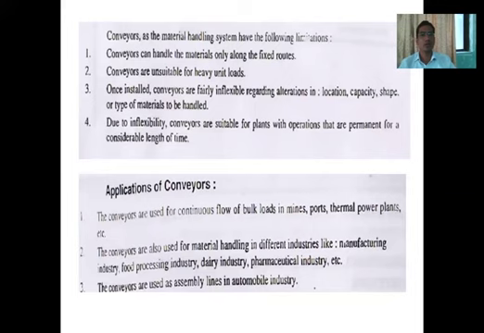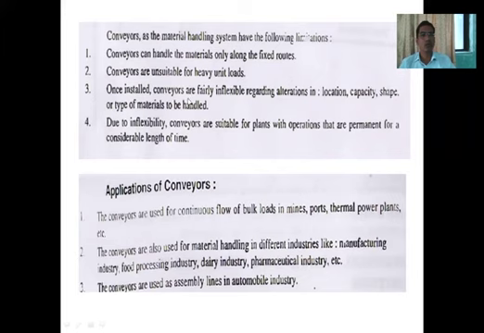Then the conveyors, as a material handling system, also have the following limitations or disadvantages. So the conveyors can handle the material along a fixed direction or route. That is a limitation of the conveyors. Then conveyors are not suitable for heavy unit loads. Conveyors are suitable for bulk load only.